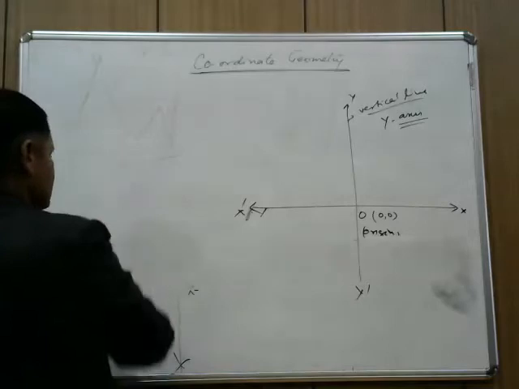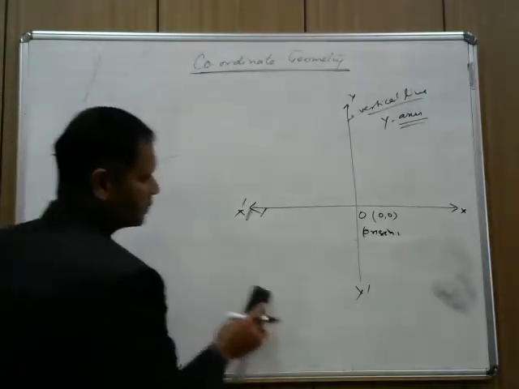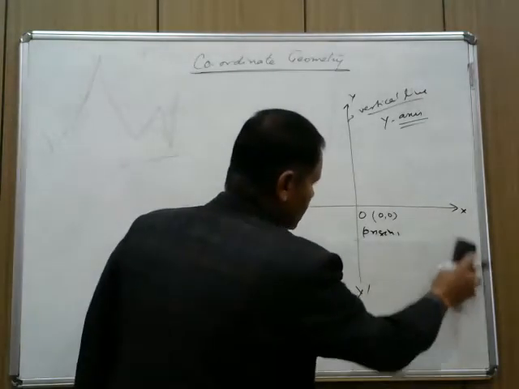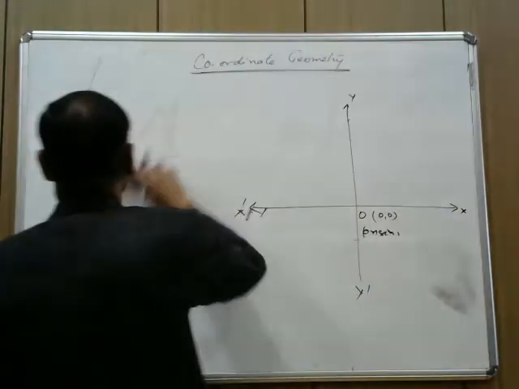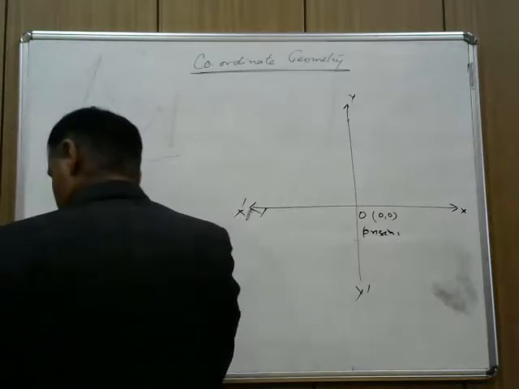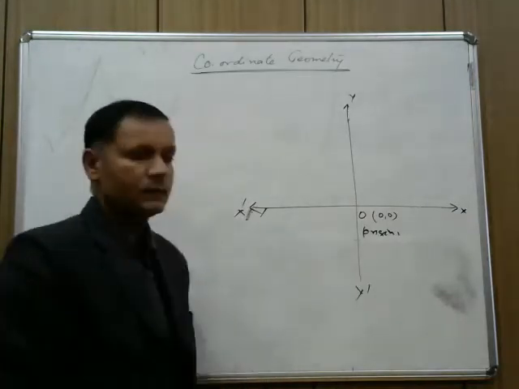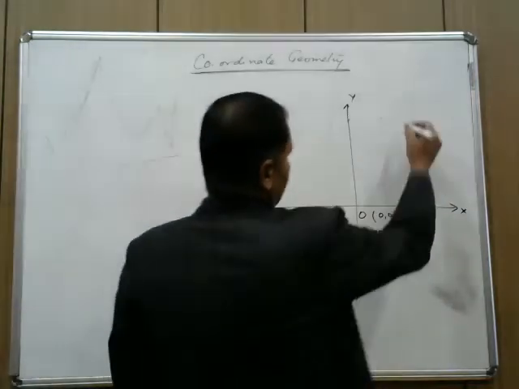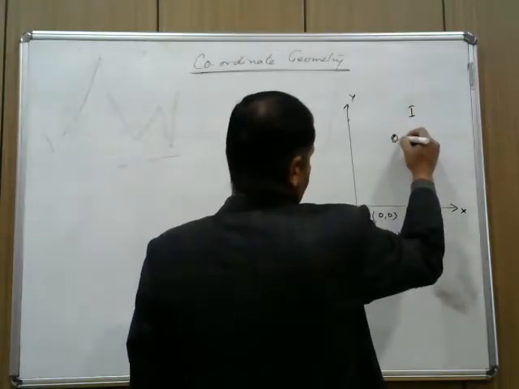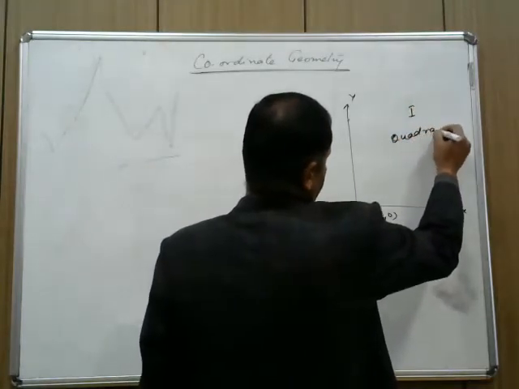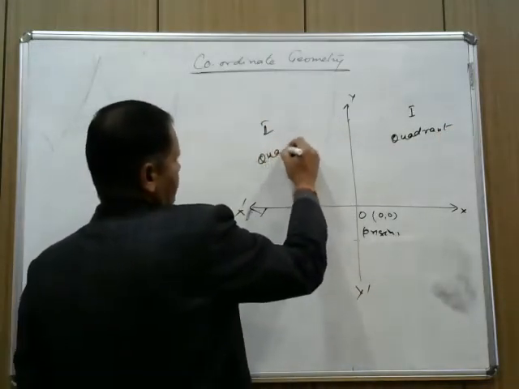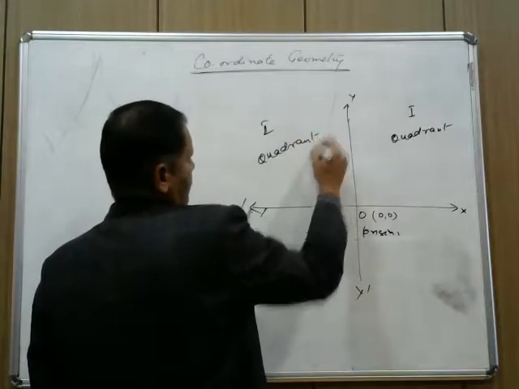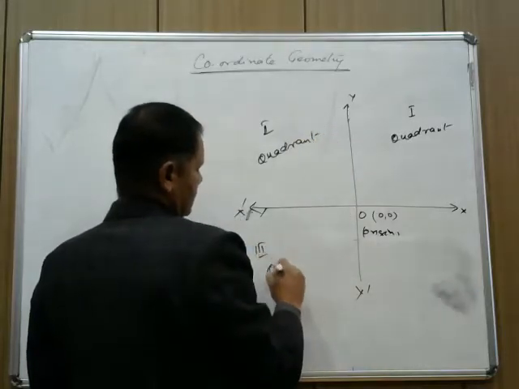But before I start what I am going to teach you, the simple introduction is important, so that you should not forget it. Right? Now, this is known as the first quadrant. This is known as the second quadrant. This is known as the third quadrant.